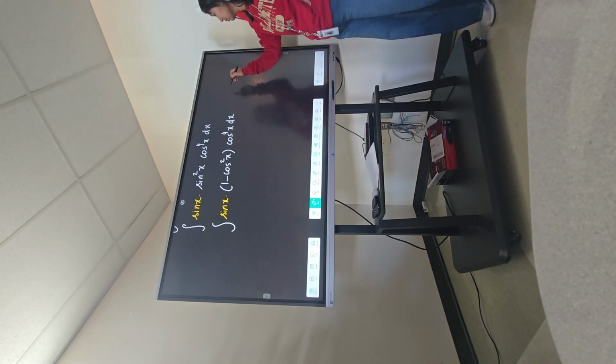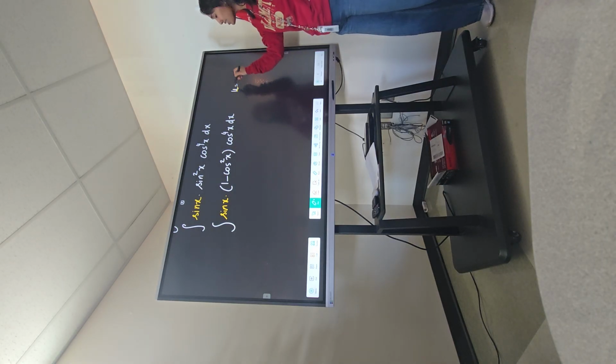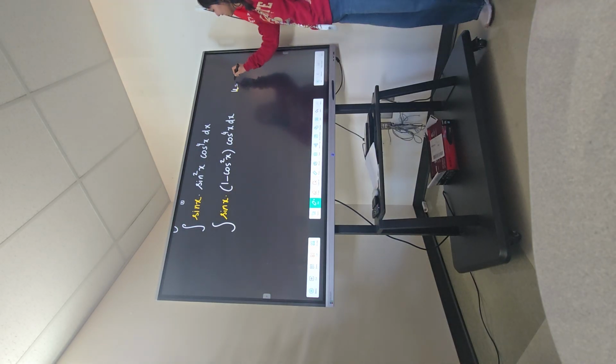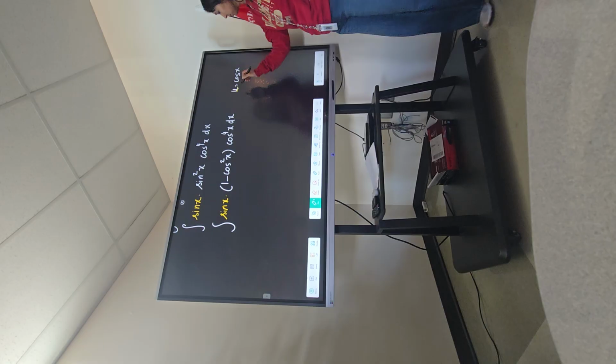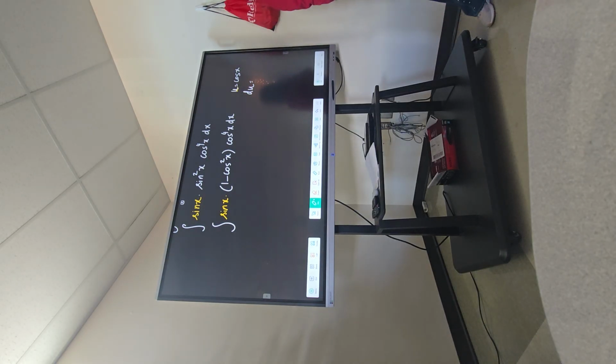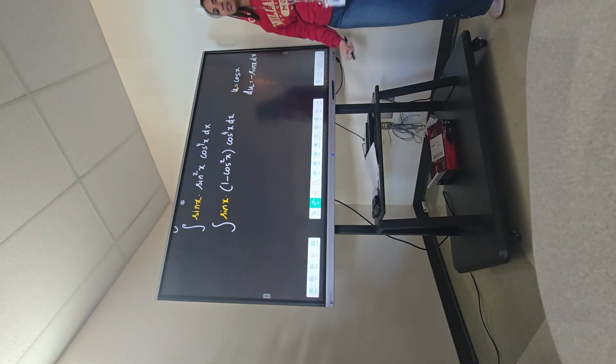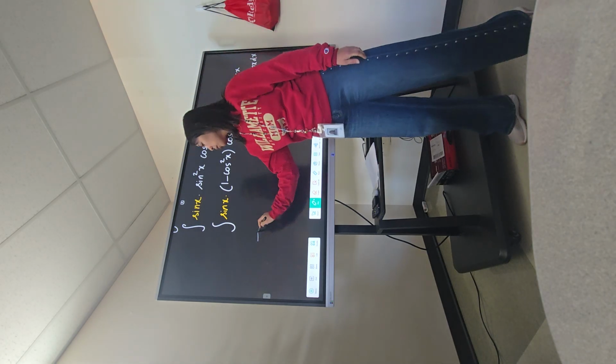Cosine. Yep. What's the derivative of cosine? Negative sine. Yep. The negative is not going to be a problem. It's just going to come out of the integral and stay there. So I'm going to put the negative here.